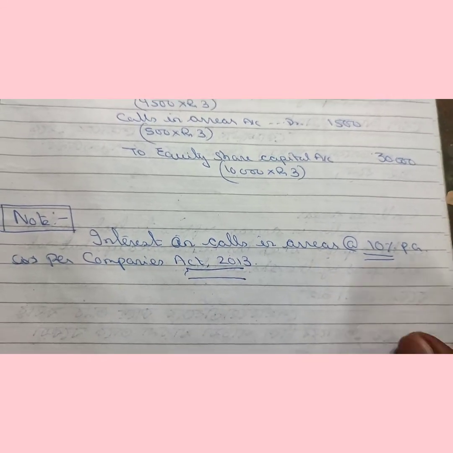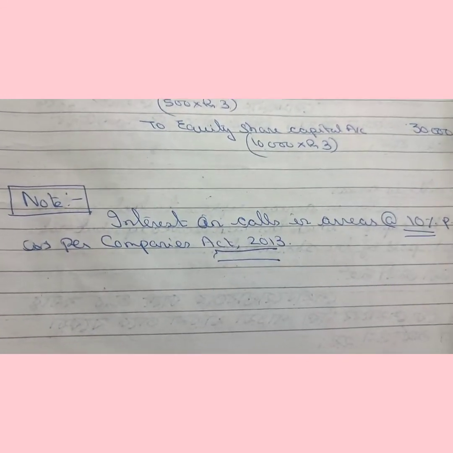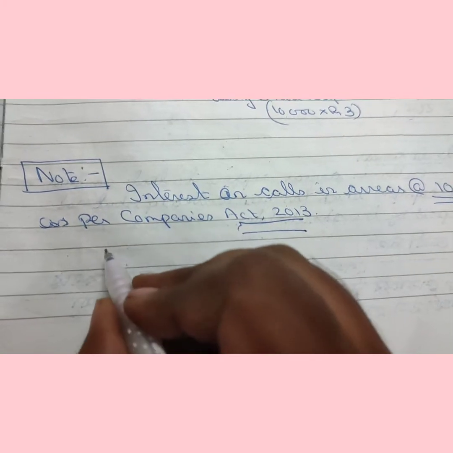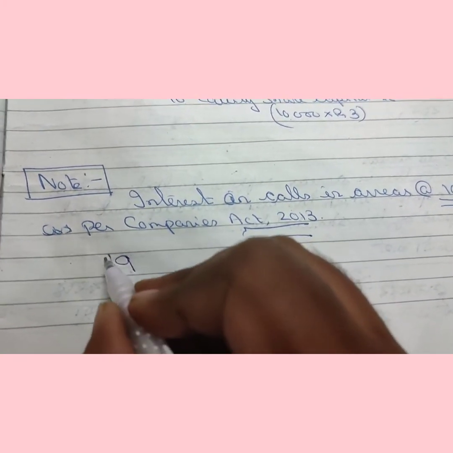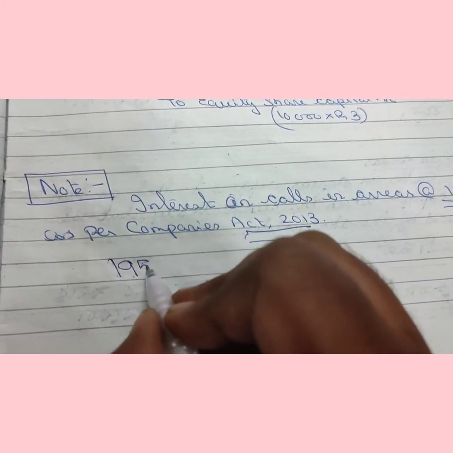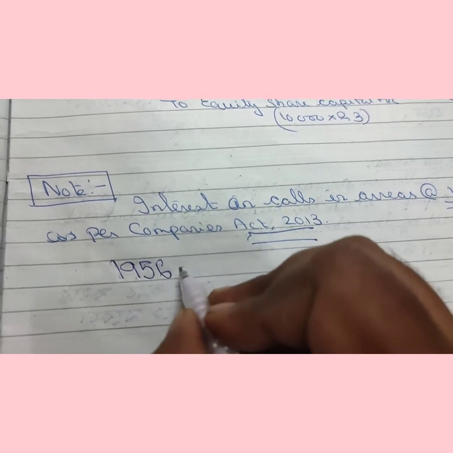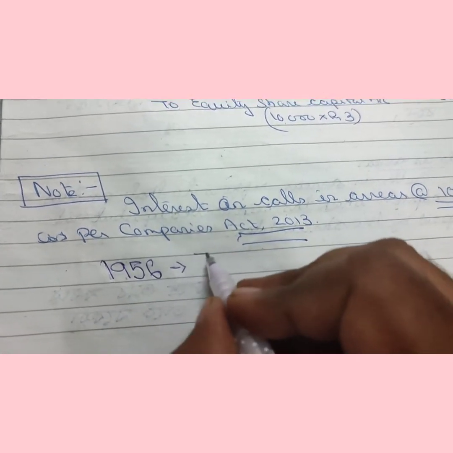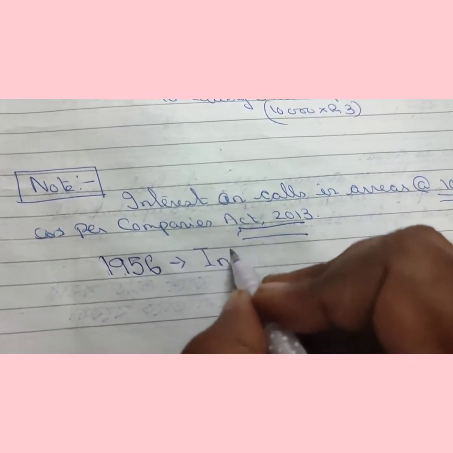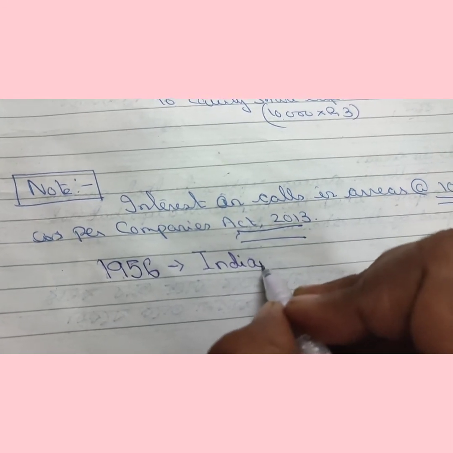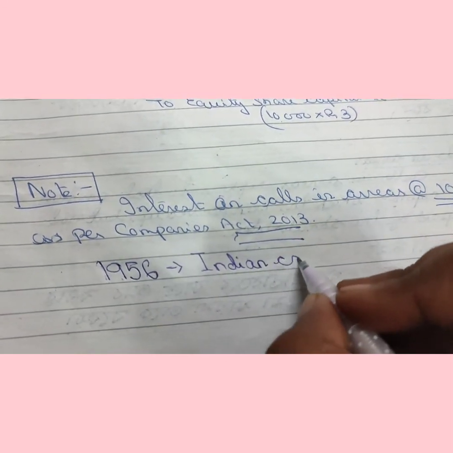Now, in case of the 1956 Companies Act, we know that the Companies Act was prepared in 1956, the 1956 Indian Companies Act.